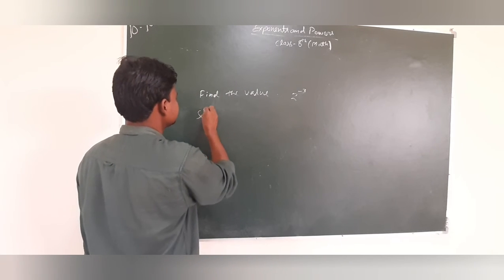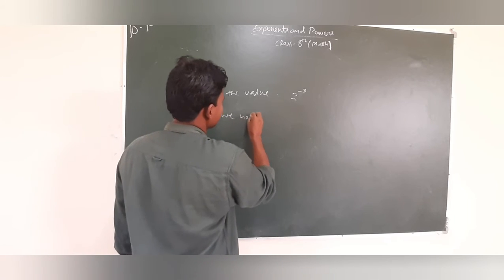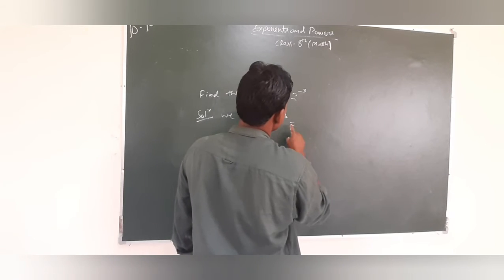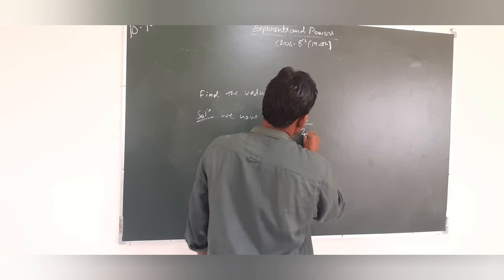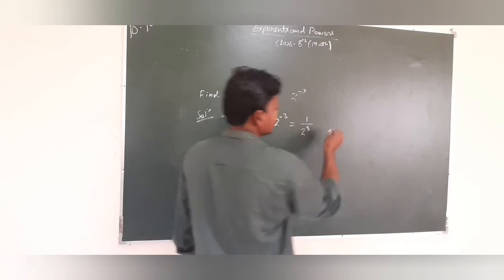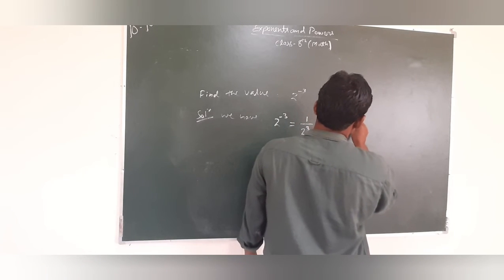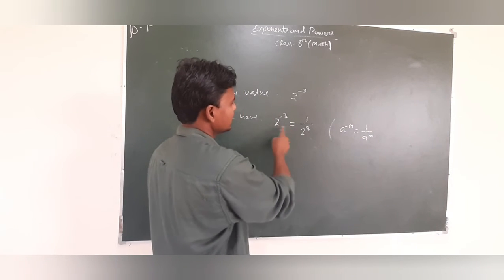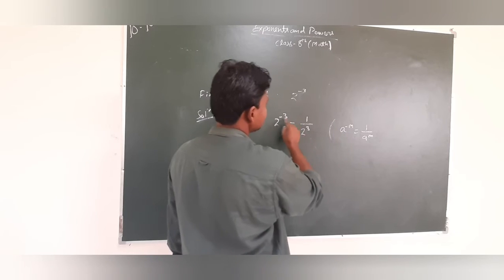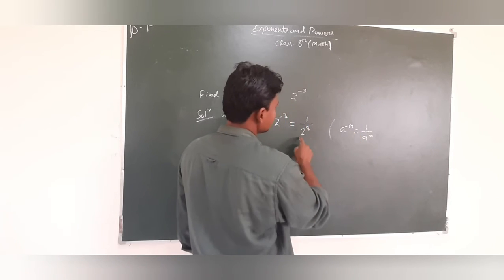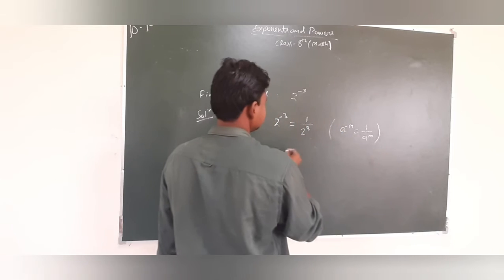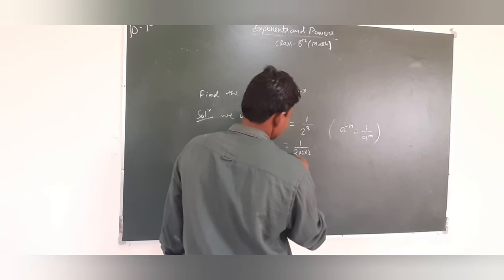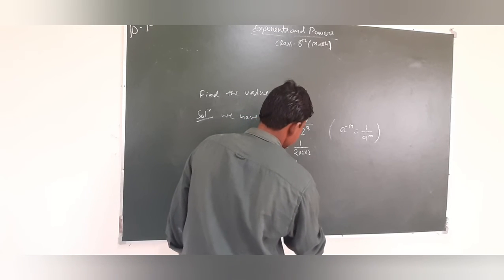Here we have 2 to the power minus 3 and we can write 1 upon 2 to the power 3, because we know that a to the power minus m equal to 1 upon a to the power m, that is minus m upon 2 compare with a, and minus 3 that is place of m. We can write 1 upon 2 to the power 3 using exponent, that means 1 upon 2 into 2 into 2 equal to 2 into 2 is 4, into 2 is 8, 1 upon 8.